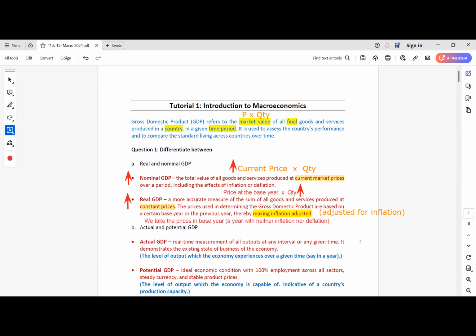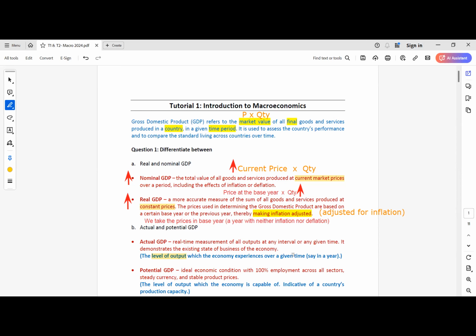Okay, now what is actual GDP? Actual GDP is basically the current level of the GDP that's being produced by the economy. So you can see the blue color words over here, I define it as the current level of output which the economy experiences over a given time. That means during that state, how much of the GDP is being produced.